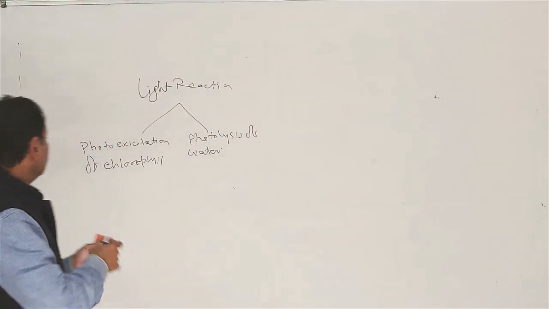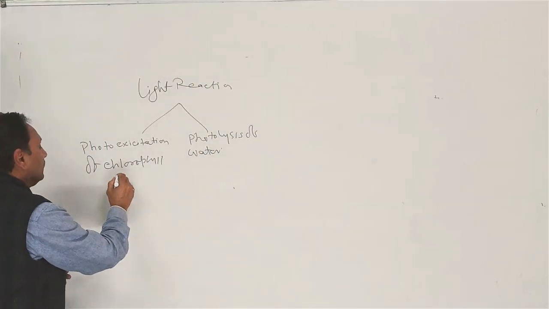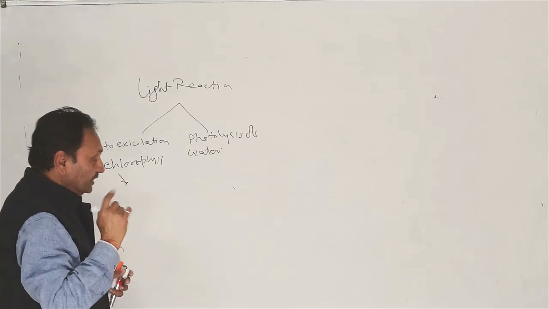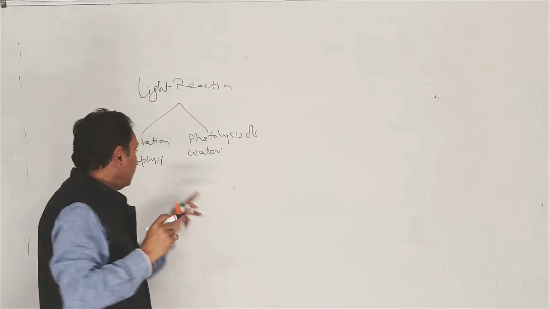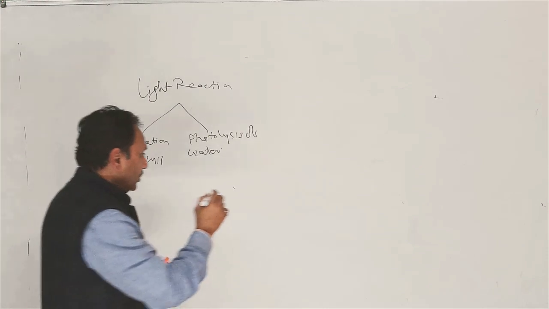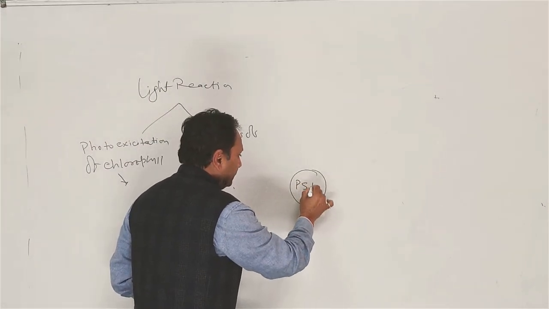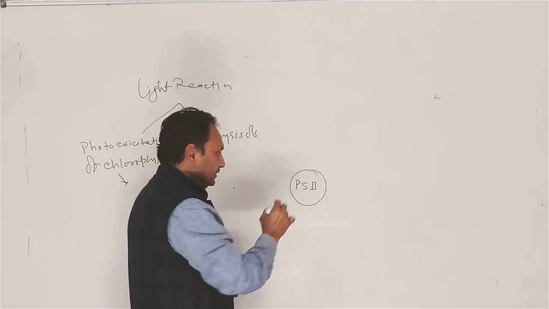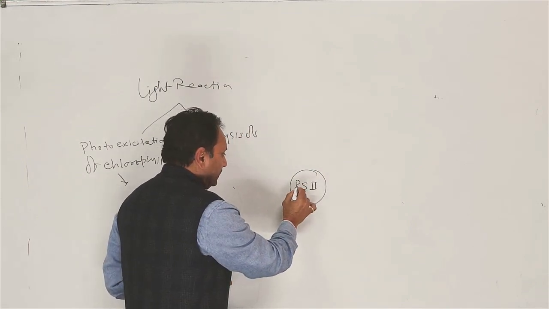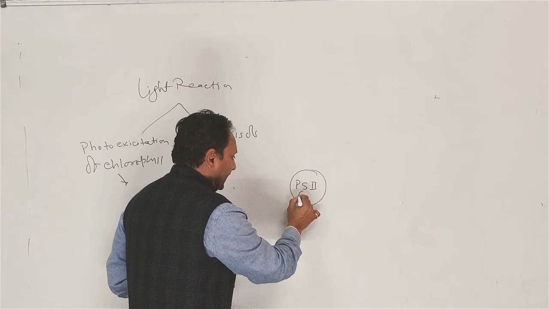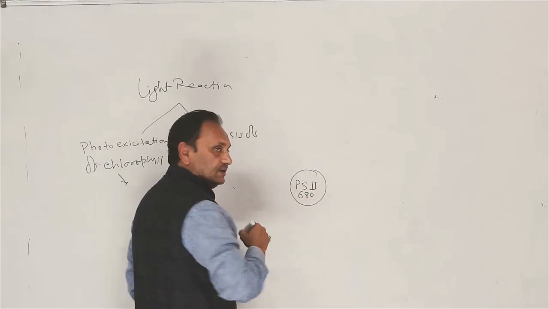What do you mean by this photoexcitation of chlorophyll? There are two centers for the photoexcitation. One is called PS2, that is photosystem 2, having 680.